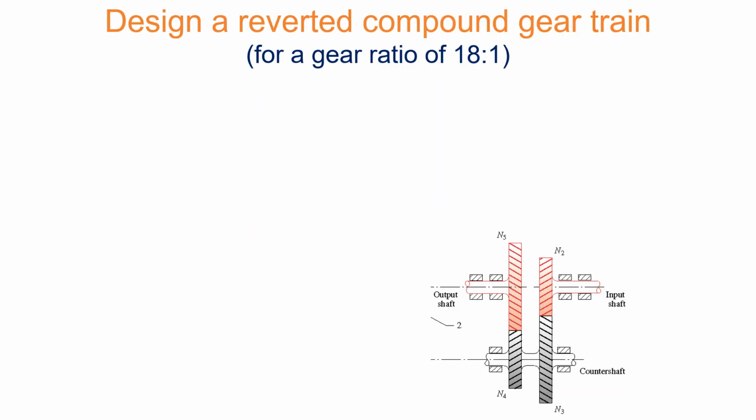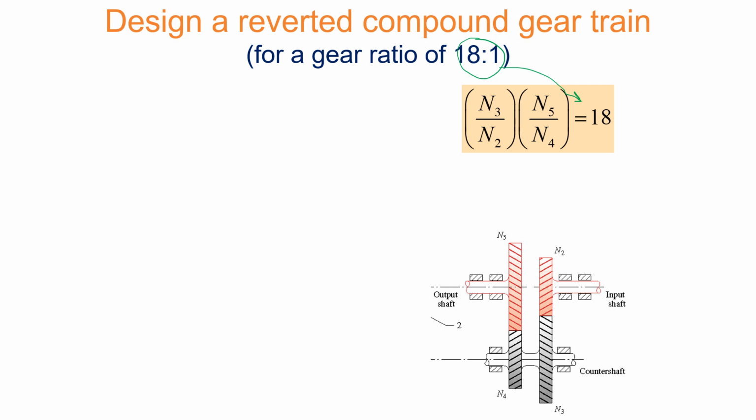If we wish to achieve a gear ratio of 18 to 1, we can do this exercise using the same expression. The result of these two ratios multiplied together has to be 18, because the gear ratio intended in this exercise is 18:1.